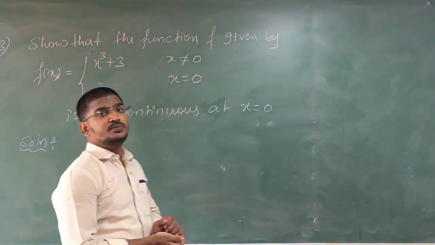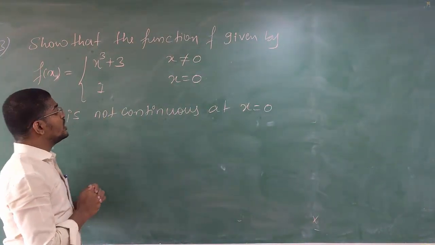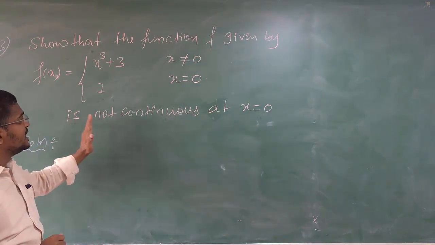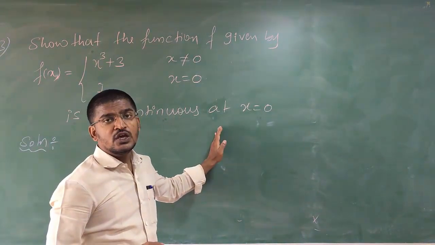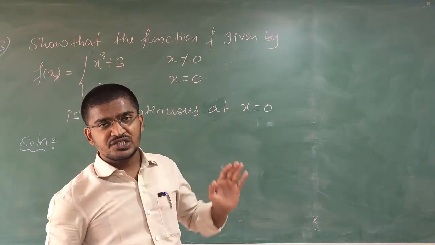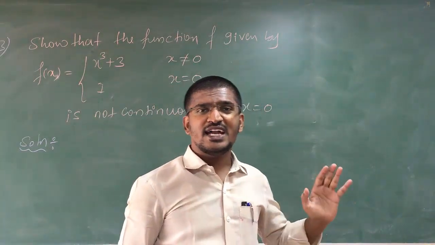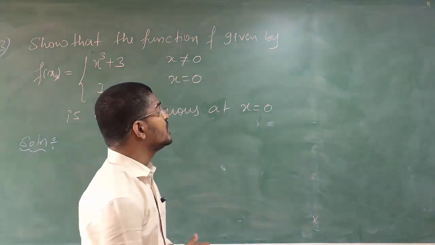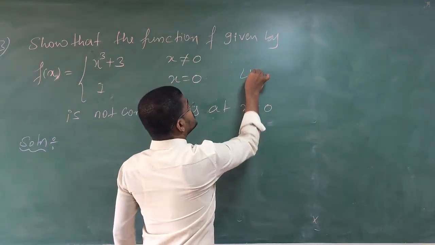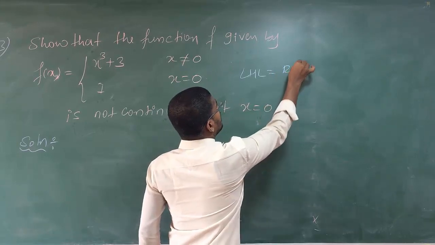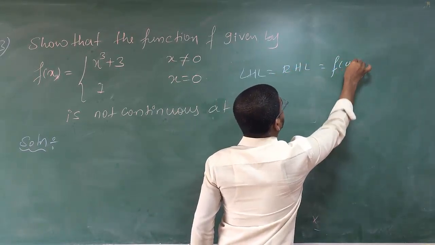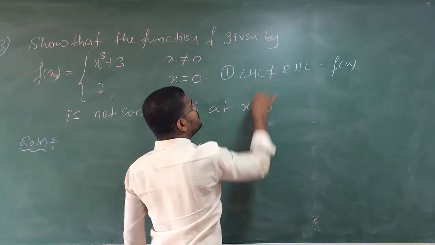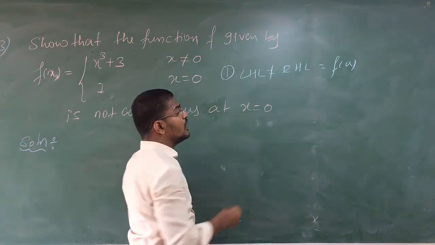So my dear students, please make a note that whenever they ask you to show that a function is not continuous, among LHL, RHL and f of a, any one of them is not going to be equal to the others. First case, LHL and RHL may not be equal.